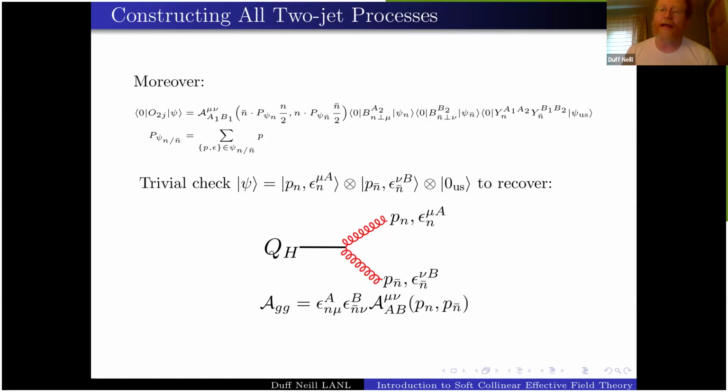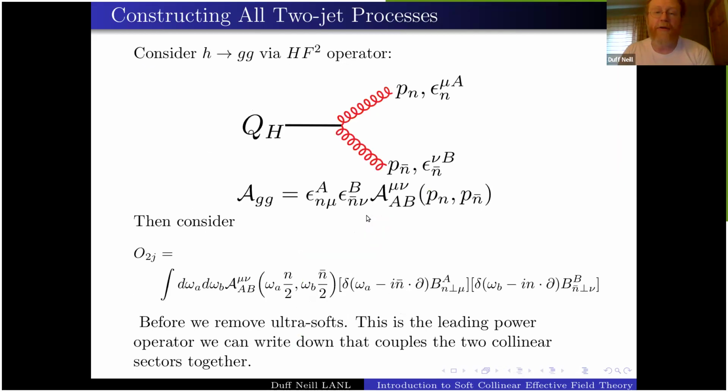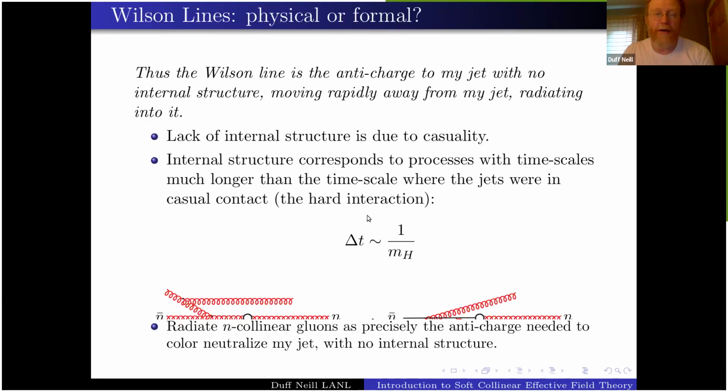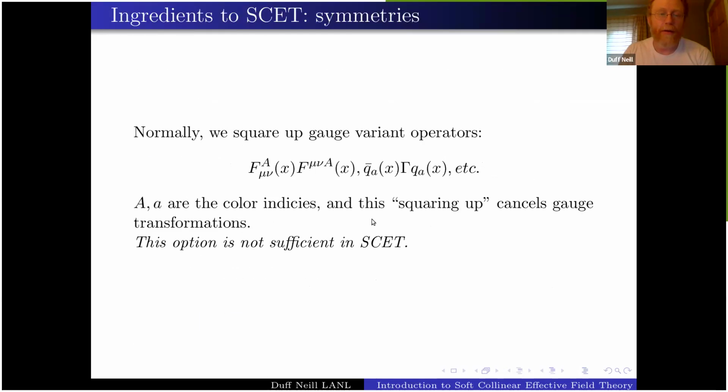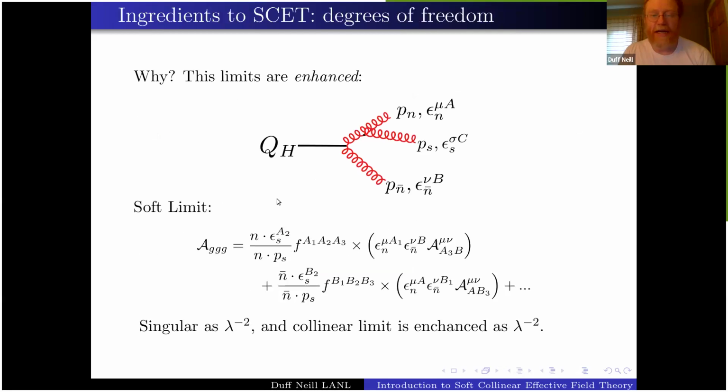But I could go on and I could calculate something more complicated. I could, if I wanted to, make my ultra-soft state non-trivial, stick in some non-trivial soft bremsstrahlung, do the calculation, and if you were to go through and expand out your Wilson lines and calculate everything to first order in perturbation theory, you would in fact recover from my two-jet operator precisely this expression here.